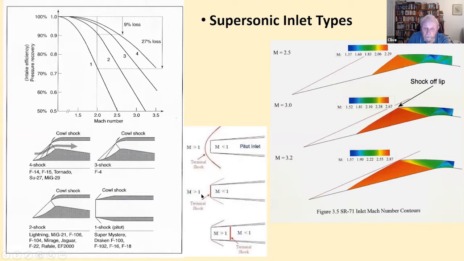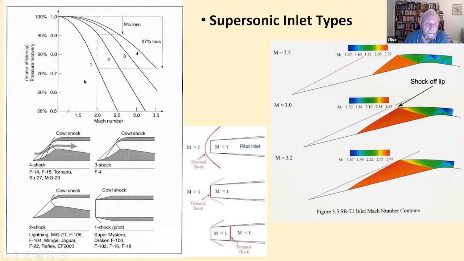At Mach 1, you will actually get the normal shock sitting across the front of the intake, as I've said here, and you have supersonic and subsonic. If you go beyond that, then the shock wave tends to move into the diffuser, and that is actually a loss of efficiency.